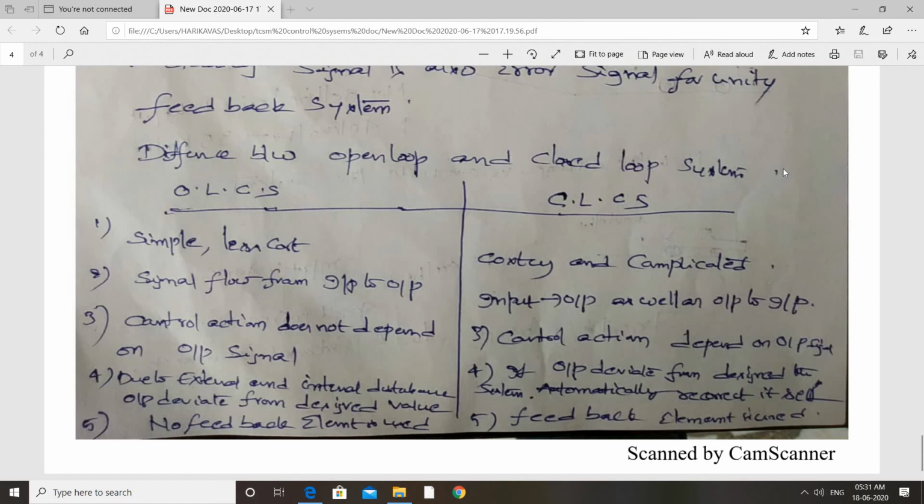The second way is block diagram representation of the control system. The third part is signal flow graphs, because the signal moves from input to output as well as output to input in different ways. And the fourth one is the representation of the state equations and output equations.